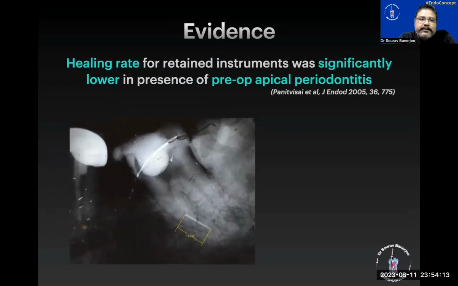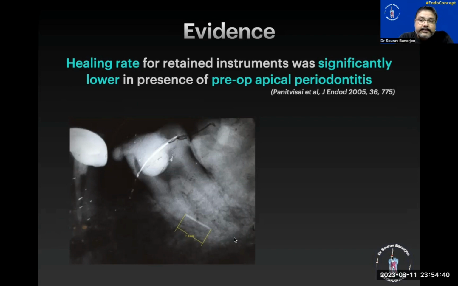Another evidence says that the healing rate for a retained instrument was significantly lower in the presence of preoperative apical periodontitis. As we can see in this image, there is no evident periapical lesion on the radiograph, but the patient had apical periodontitis.